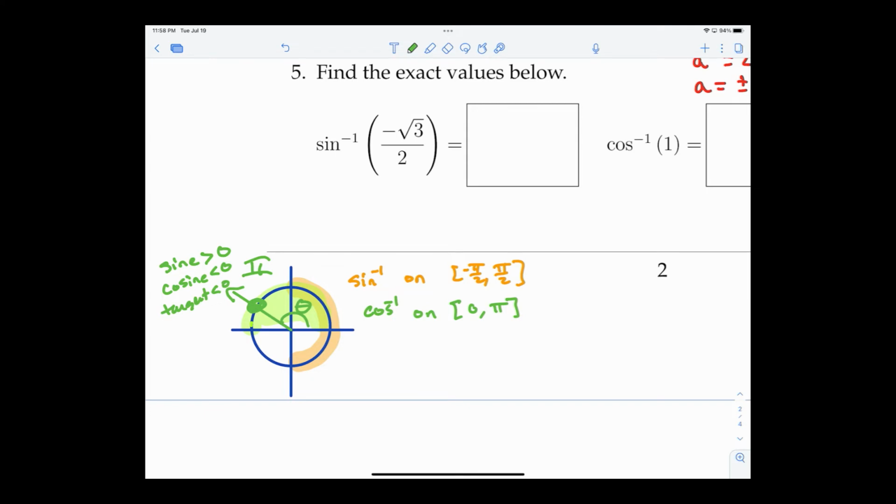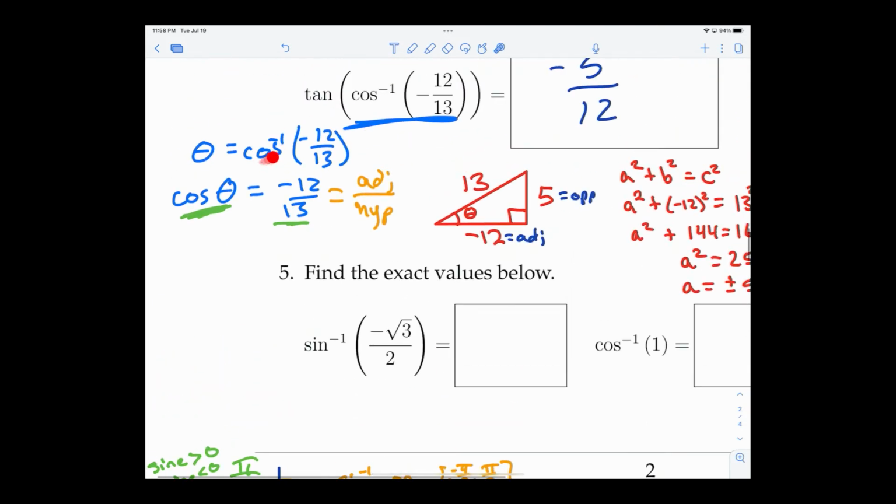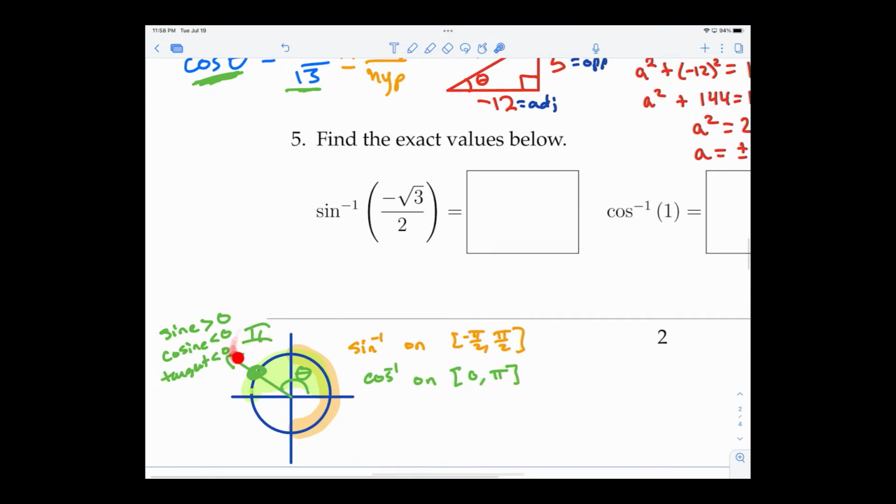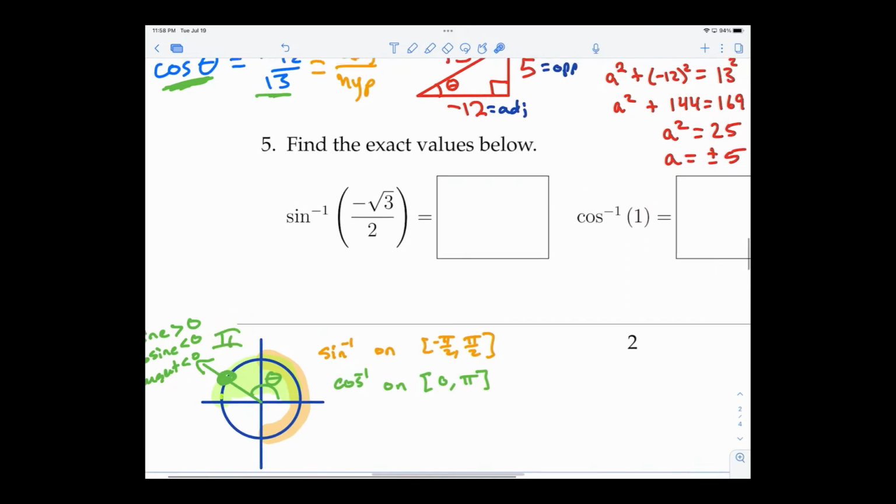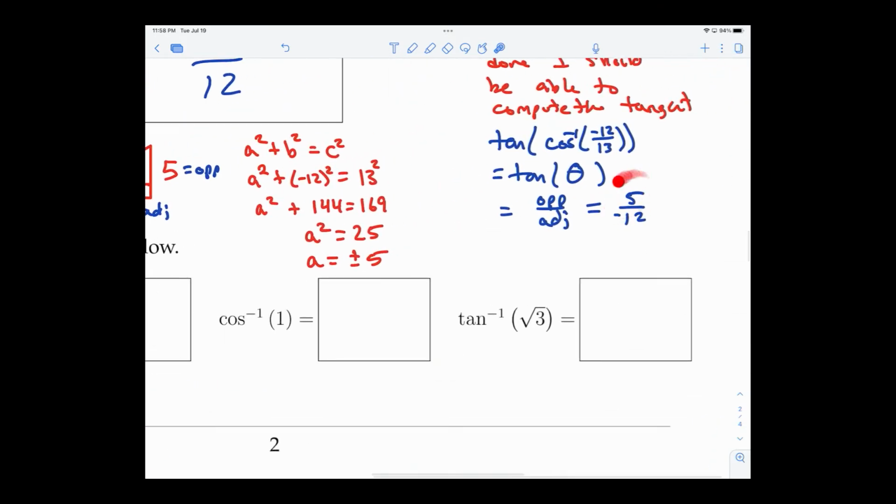So all of that is to justify the fact that when they told us cosine inverse of a negative number, so cosine is negative, they were telling us without telling us that we were in quadrant 2, and if we're in quadrant 2, the tangent should be negative, and I did get a negative.